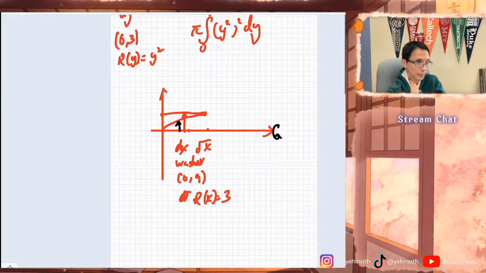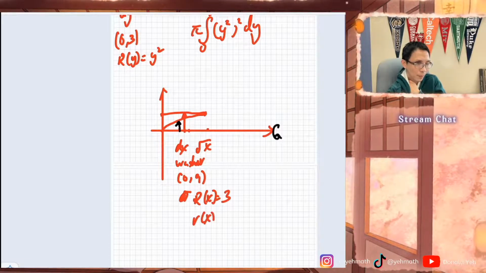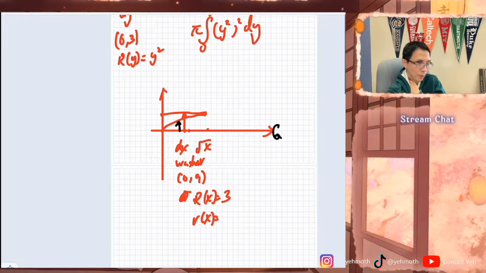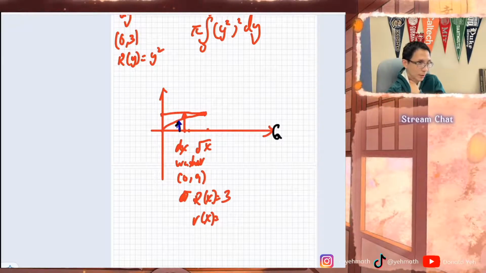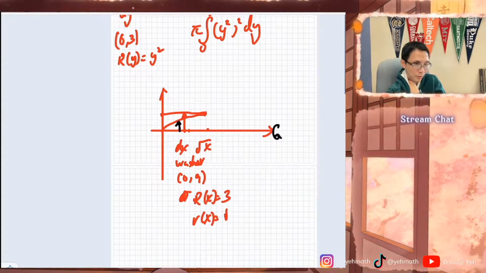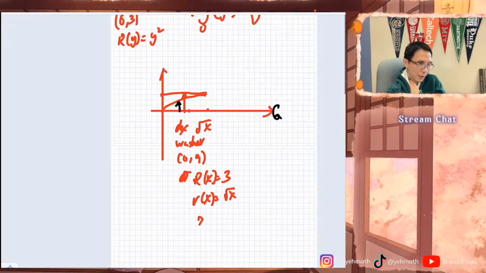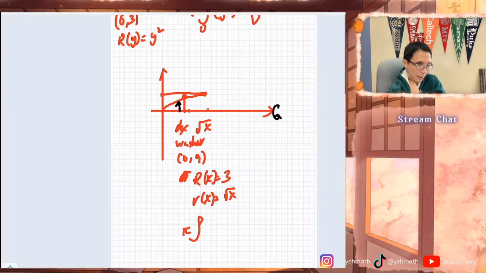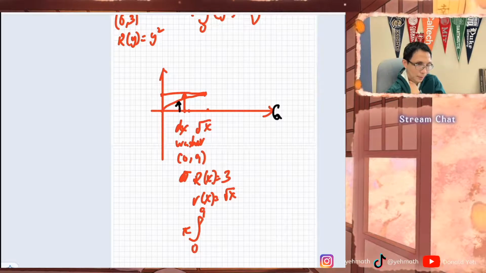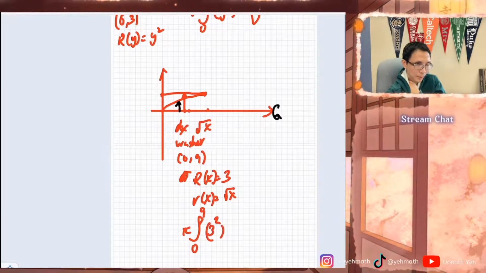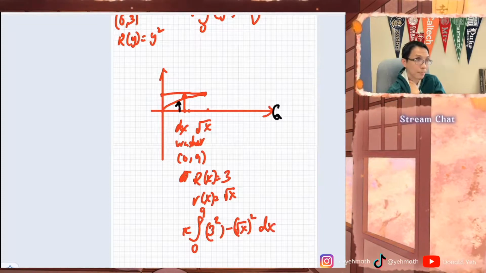Are we okay here? Yeah. Small r of x is the small thing, given by the function, which is square root x. So it'll be the integral of pi, don't forget, from 0 to 9, of 3 squared minus square root x squared, dx. And then you're done. Yay!